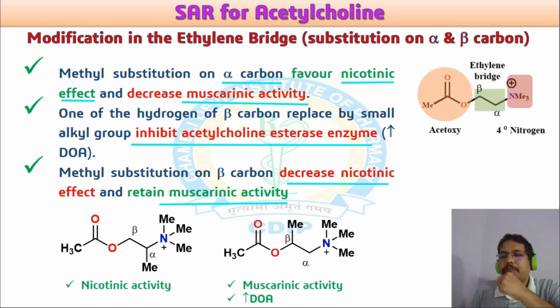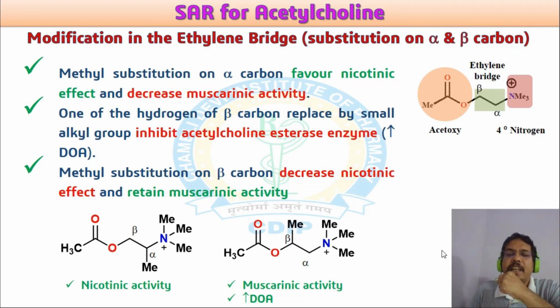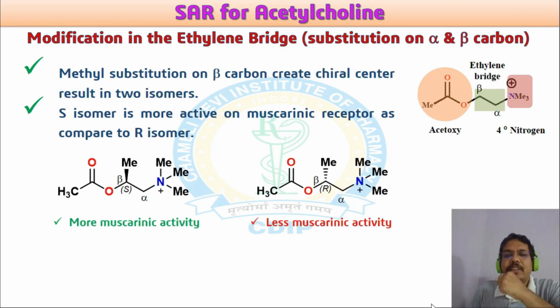And if we look at changes in terms of the stereochemical aspect, basically when you change one of the hydrogens with a methyl group on any of these two positions, then a stereocenter is generated, and once a stereocenter is generated, selectivity might arise.